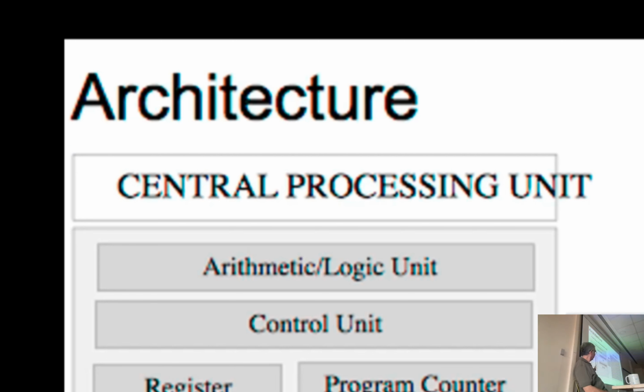It is connected to the bus, to the main memory. Main memory also has cells that are 8 bits.